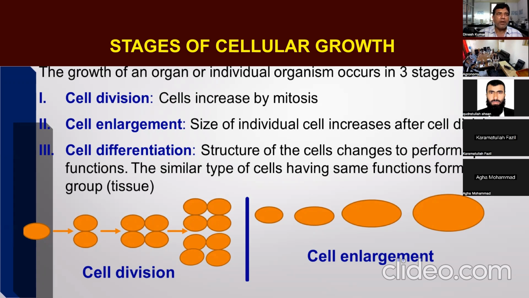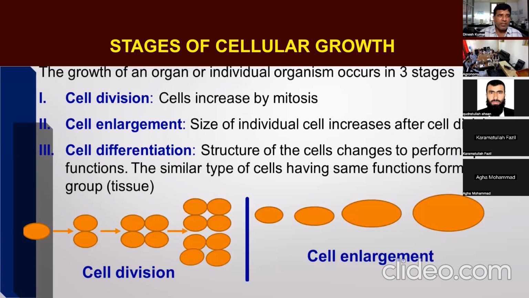One is stem, other is root, some are leaves, some are flowers, some are fruits. But they will have different kinds of cells, different kinds of tissues. So it happens by the process of cell differentiation.